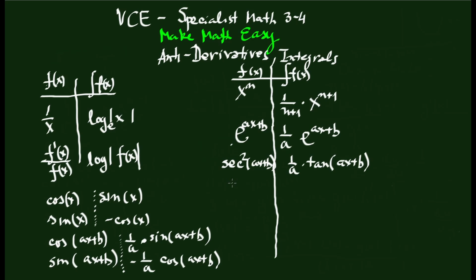So maybe we just go to the generic ones for them, say f prime of x over the square root of 1 minus f of x to the power of 2. That reminds us of arcsine, the reverse sine function, so it's sine to the power minus 1 of f of x.